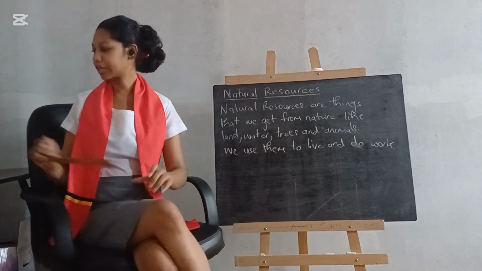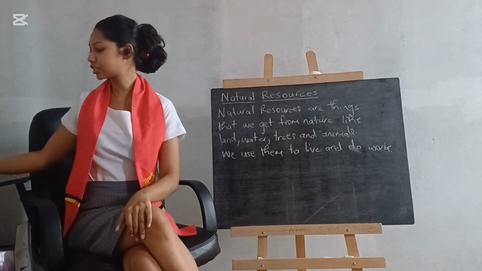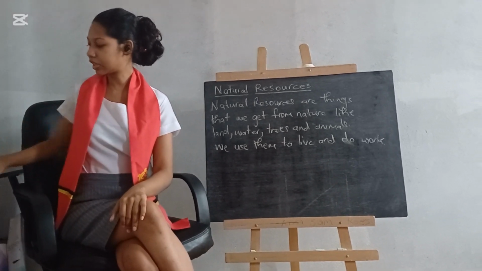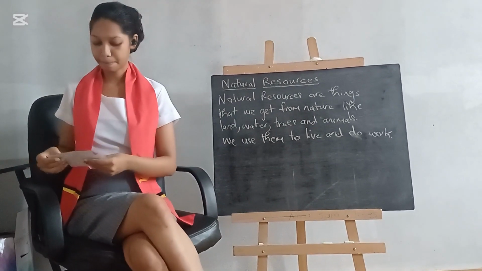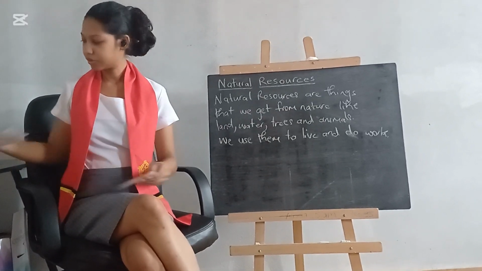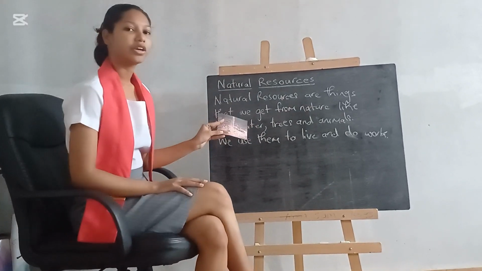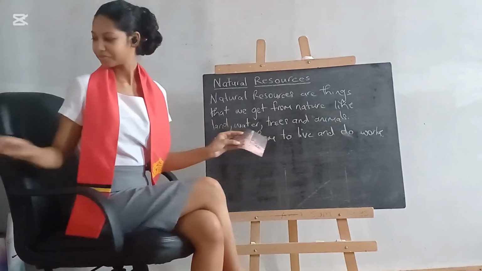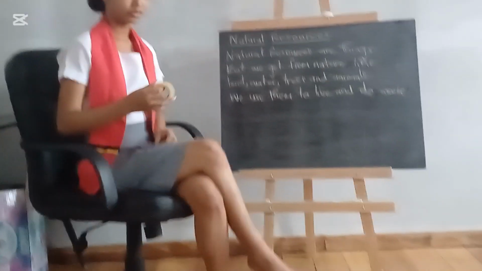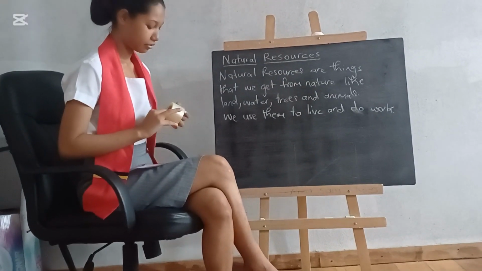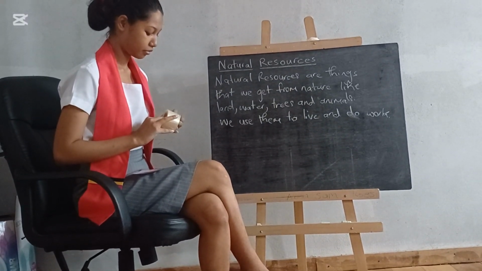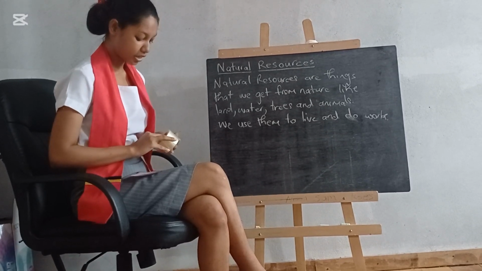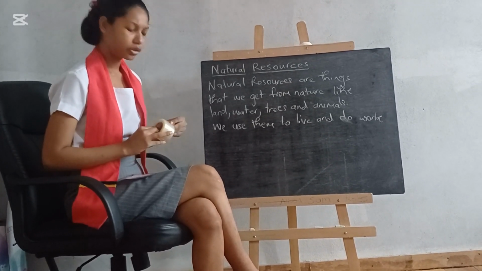Let's look at some examples of natural resources based on these pictures that I brought. What can you see here? Yes, that is water. What do we use the water for?